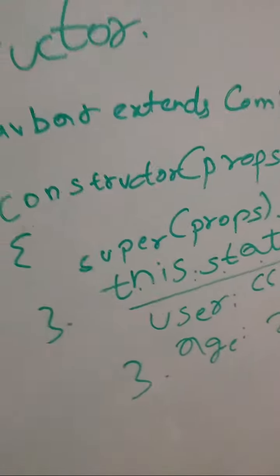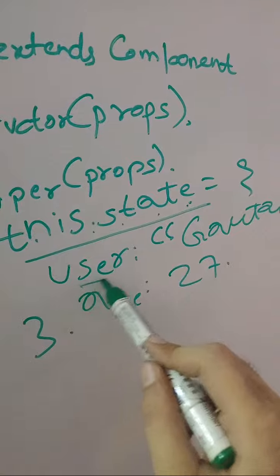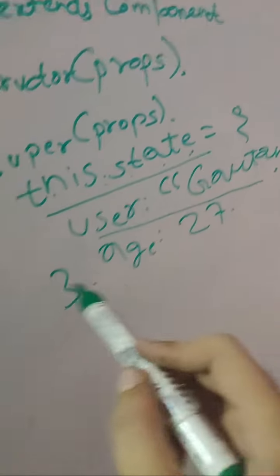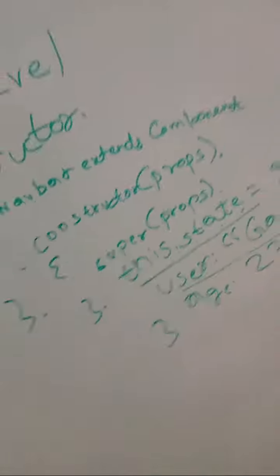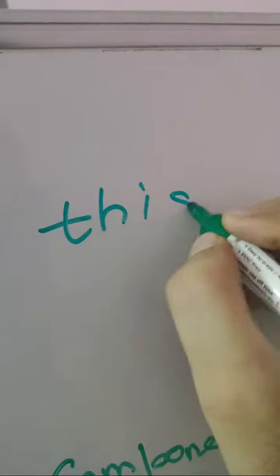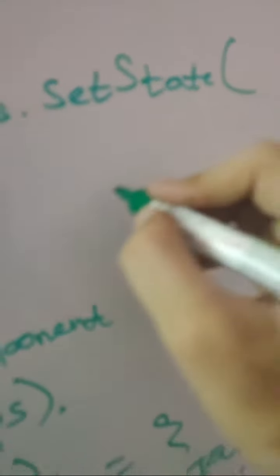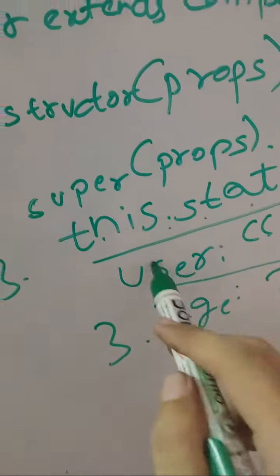And now to manipulate this, to change this variable inside our React.js class level component, we make use of the method called this.setState. So setState manipulates the state. Here you pass an object changing the values of user and age.